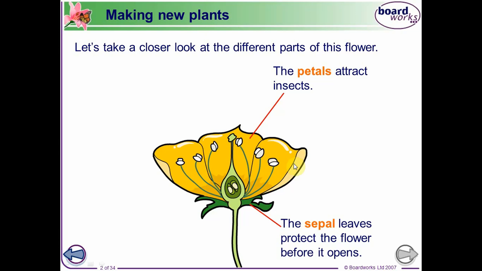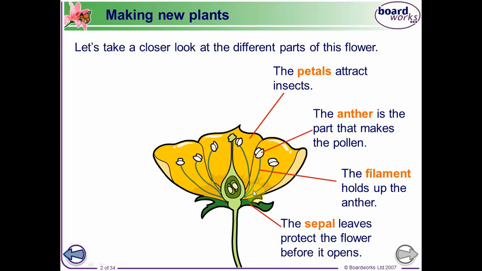The male part's name is stamen, and it consists of filament and anther. So we have sepal, petal. The male reproductive organ is stamen, and it consists of filament and anther.